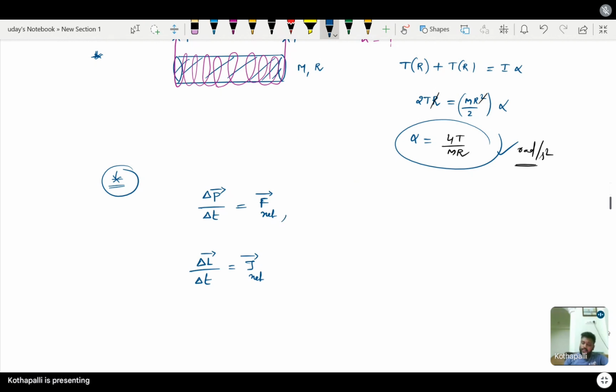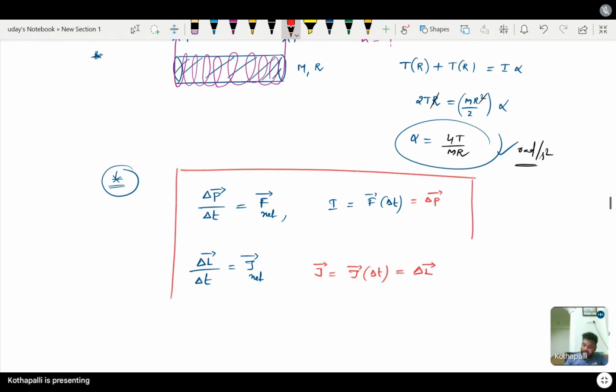We also know that impulse is force acting on a body for a small interval of time. Exactly, angular impulse on a body is torque in a small interval of time. This will be equal to change in linear momentum, and this will be equal to change in angular momentum. This is the sweetest point of the day.